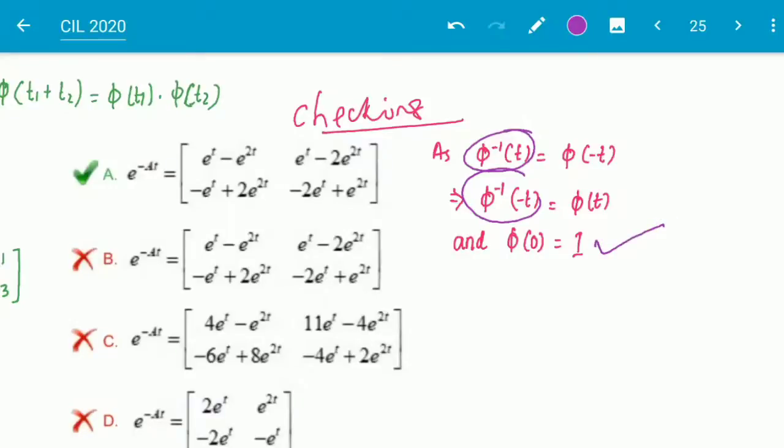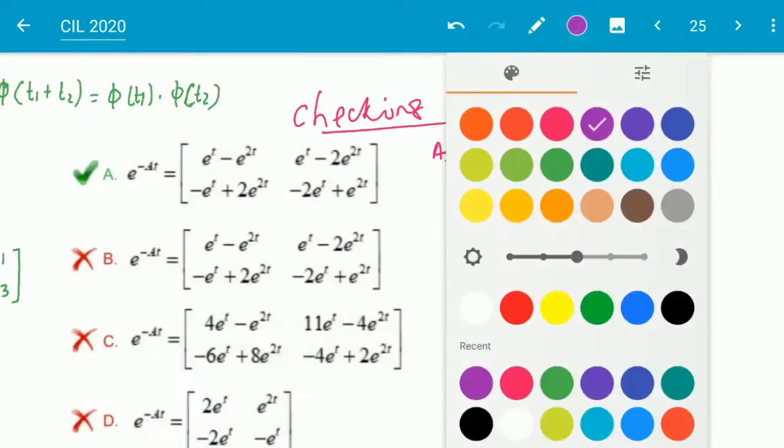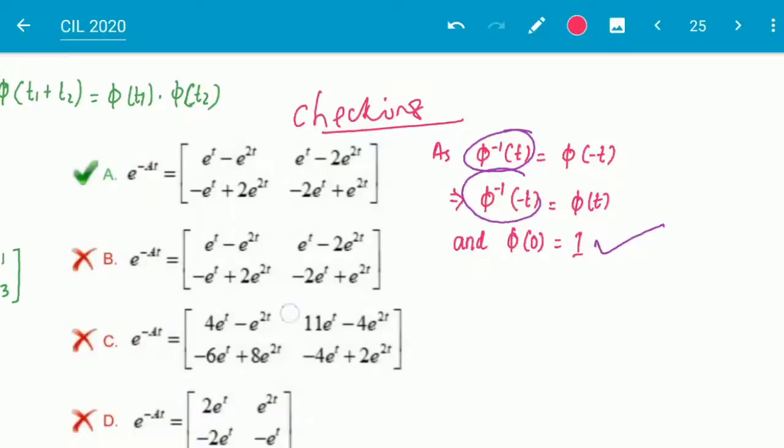First we have to check the answer of Coal India Limited, so here we put minus, here minus, and this is the state transition matrix, and we put t equal to 0.